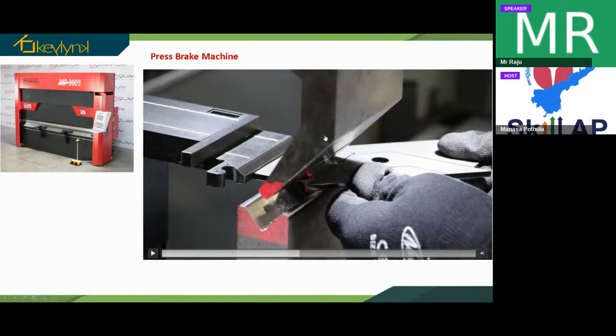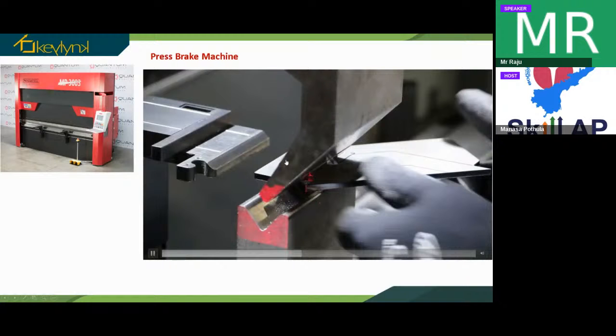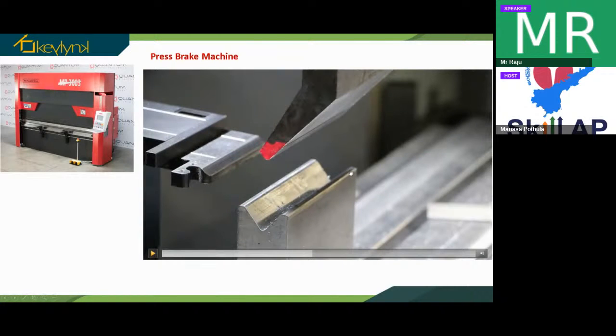The punch is coming and ramming through the sheet metal, and we are getting the necessary shape required. Here, this is a V bending that he did, and this is the V shaped die, and this is the punch. It comes and rams, and we are getting a V shaped component.